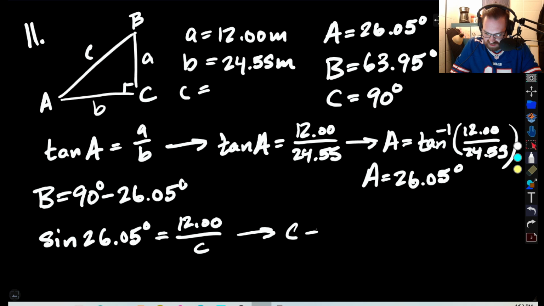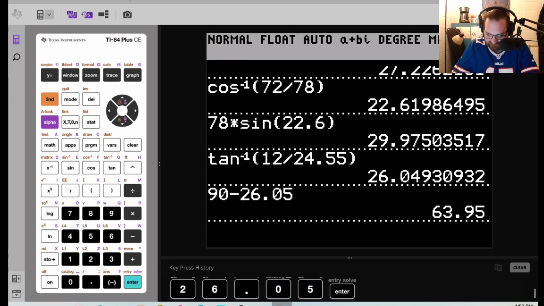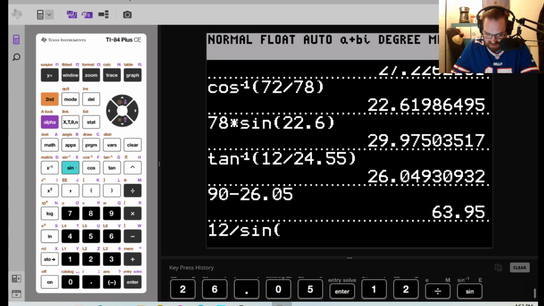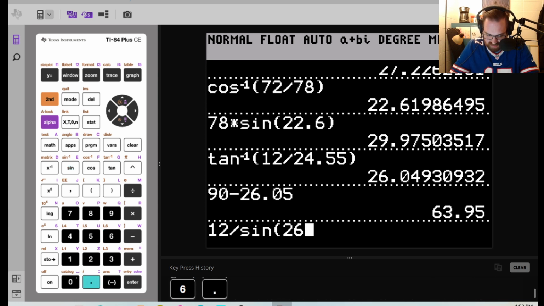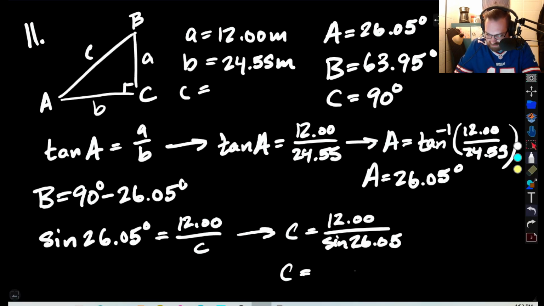So C is going to equal 12.00 over sine 26.05. So C in this case, 12 divided by sine of 26.05, is 27.33.